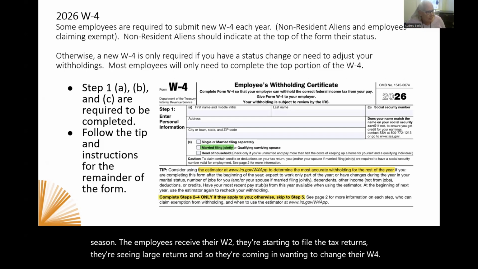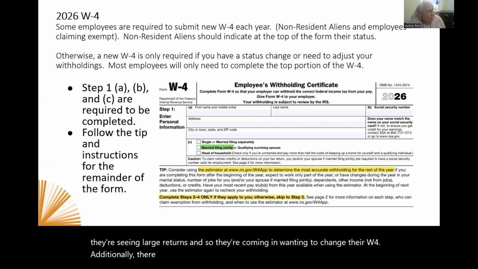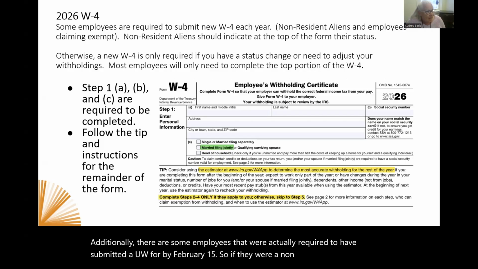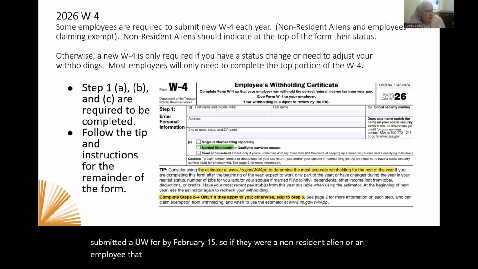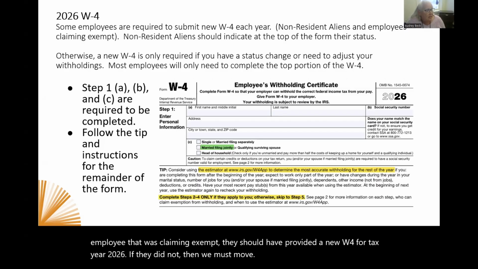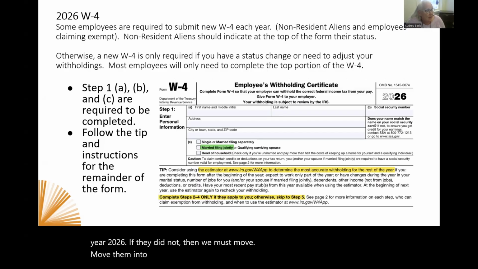Additionally, there are some employees that were actually required to have submitted a new W-4 by February 15th. So if they were a non-resident alien or an employee that was claiming exempt, they should have provided a new W-4 for tax year 2026. If they did not, then we must move them into the highest withholding that is available in the system.